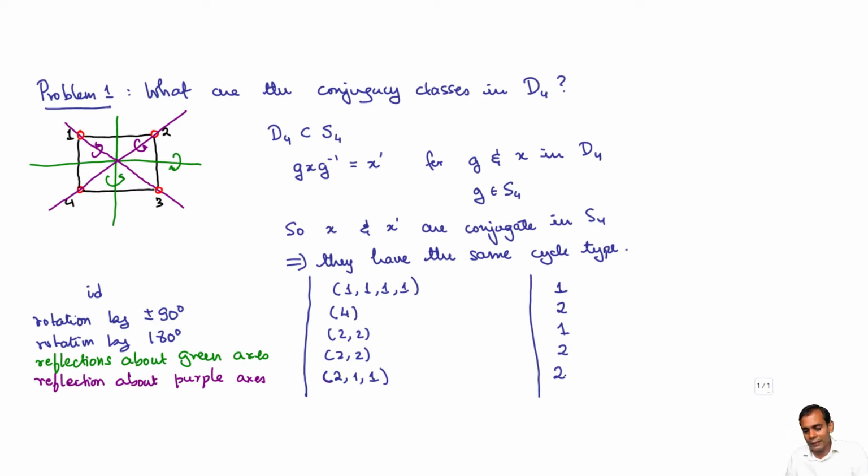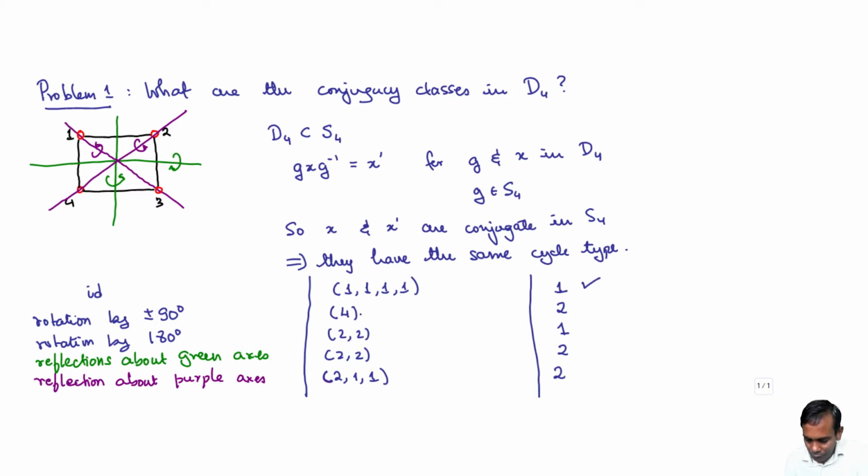Okay, so certainly elements with different cycle types cannot be in the same conjugacy class. And now all we have to find out is whether elements of the same cycle type are in the same conjugacy class or not. So of course the identity is a conjugacy class by itself. Now rotation by 180 degrees is of cycle type 2, 2. So we don't know, it could be in the same conjugacy class as reflections about green axes or not.